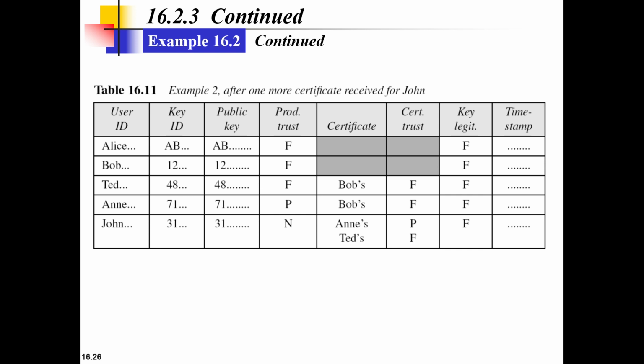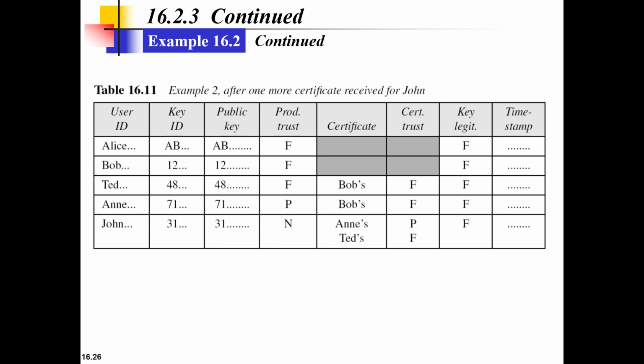Alice does not add another row to the table; she just modifies the table as shown in table 16.11. Because John has two certificates in Alice's table and his key legitimacy value is 1, Alice can use his key, but John is still untrustworthy.